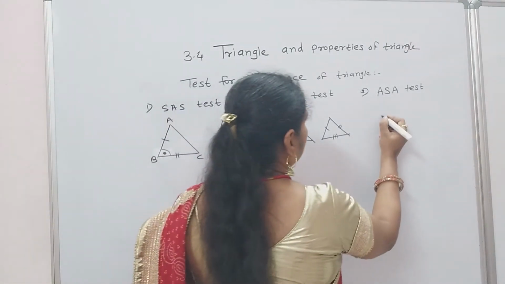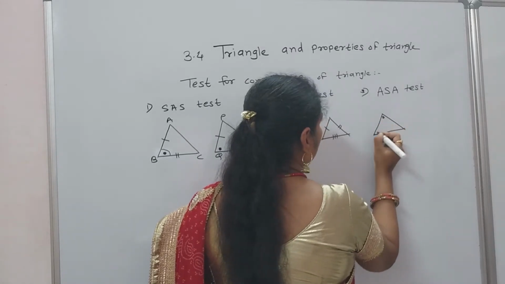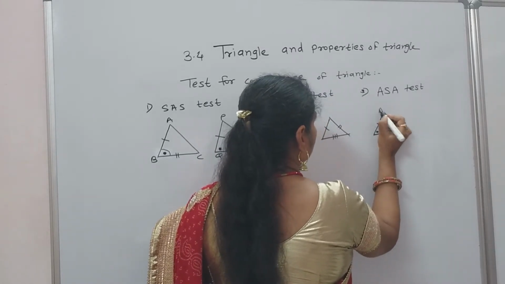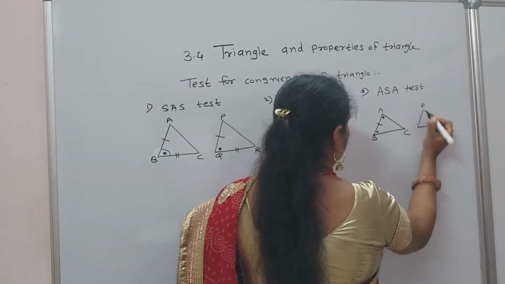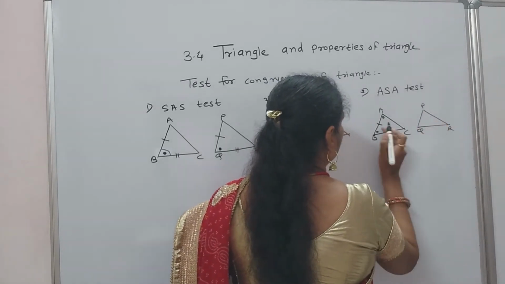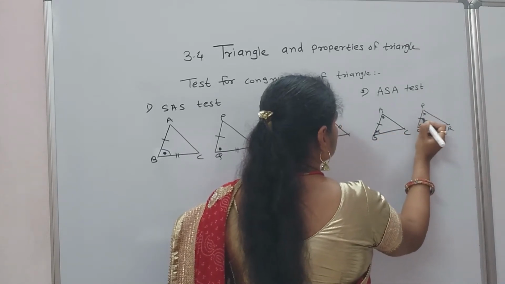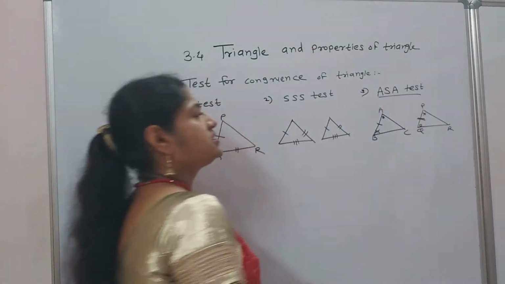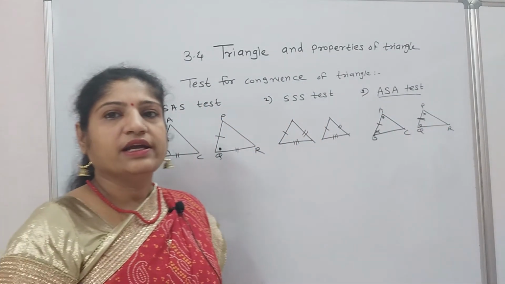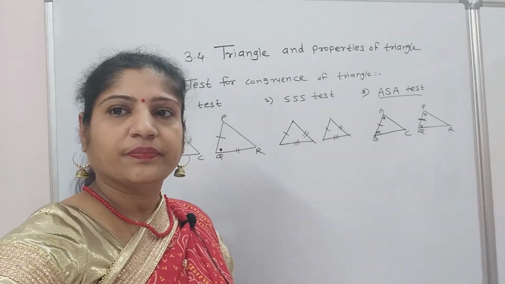Angle side angle test: if 2 angles are congruent and in between there is a side congruent, then these two triangles are congruent by the angle side angle test.